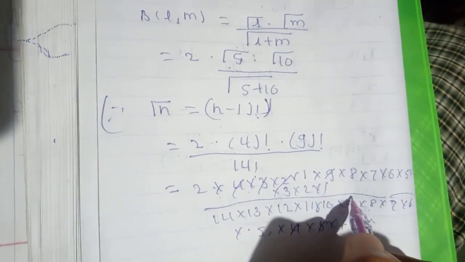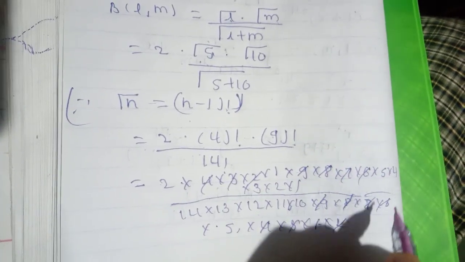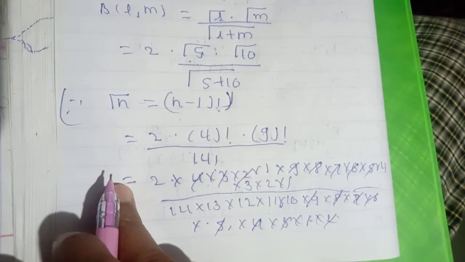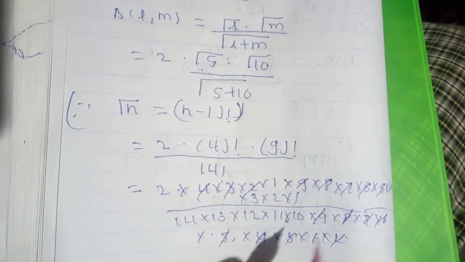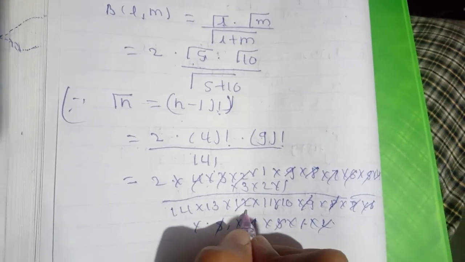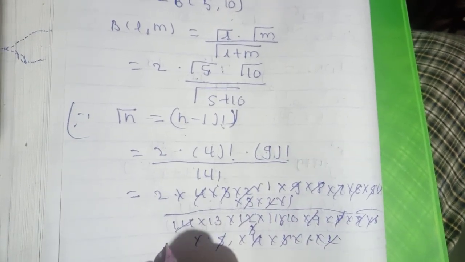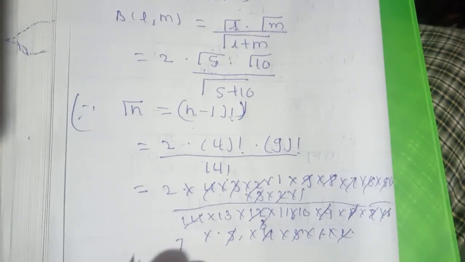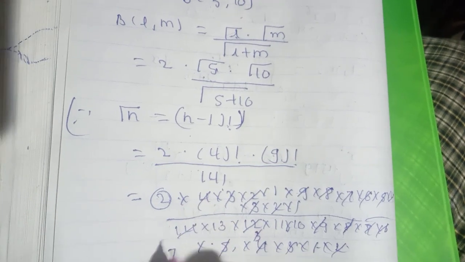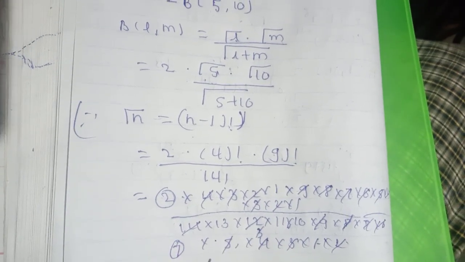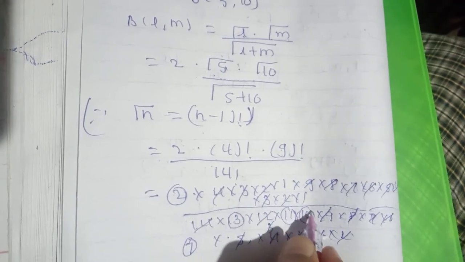Then 9, 8, 7, 6, 5, then 4 and 12 remaining 3. Then 3 cuts 3. Then we require 2 on the upper side, and here 7, 13, 11, 10.